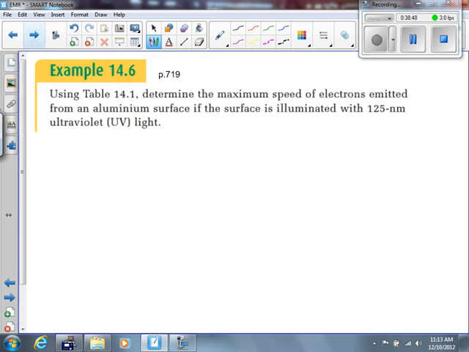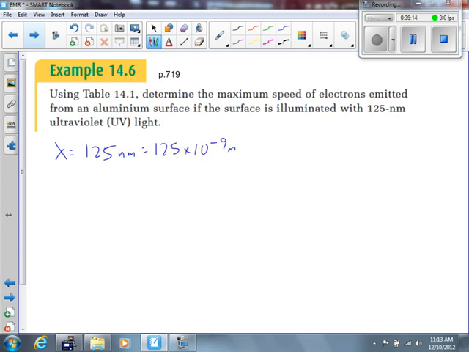All right, let's try another one. Using table 14.1, which I don't actually have up here, I guess. Determine the maximum speed of electrons emitted from an aluminum surface if the surface is illuminated with 125 nanometer ultraviolet light. One thing we do know is the wavelength of the light. It's 125 nanometers. And the table gives you the work function.